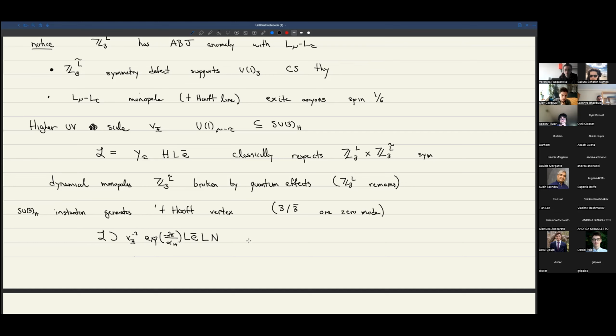So who cares? Well, we still have this classical interaction here. So we can contract with the classical interaction. We contract with the classical lepton Yukawa to get a Dirac mass.